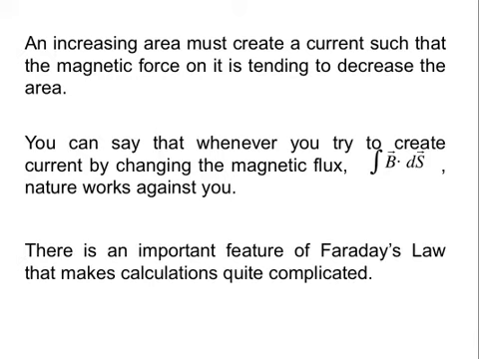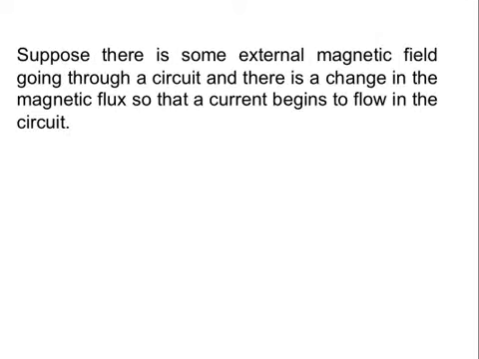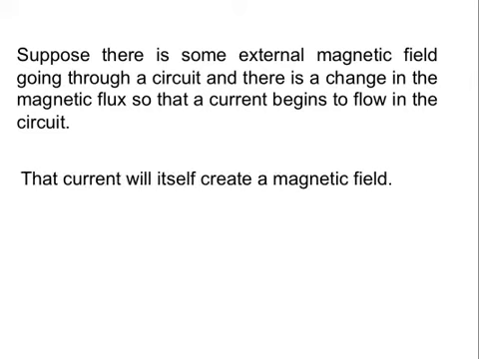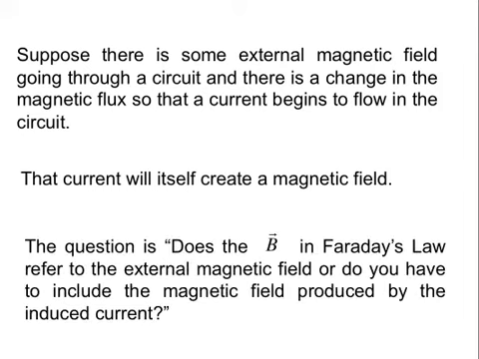There is an important feature of Faraday's law that makes calculations quite complicated. Suppose there is some external magnetic field going through a circuit, and there is a change in the magnetic flux so that a current begins to flow in the circuit. That current will itself create a magnetic field.